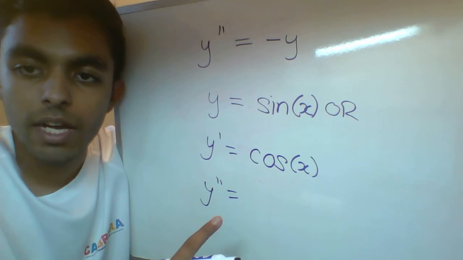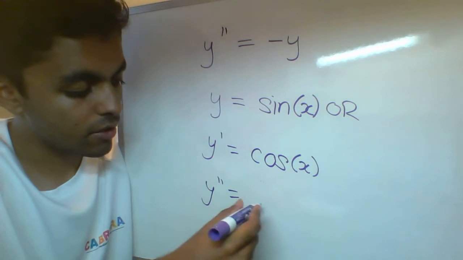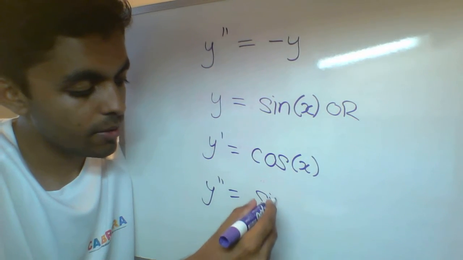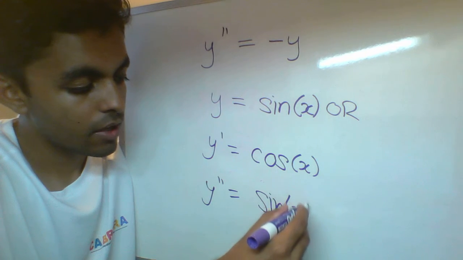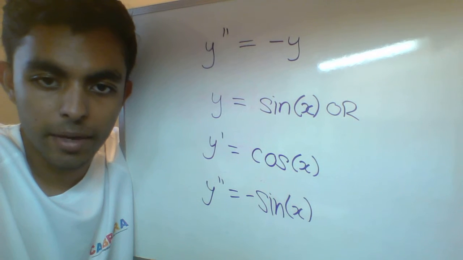So the derivative of sine of x is cosine of x. And then the derivative of cosine of x, you guys had occasionally made a mistake with this. It's back to sine x, but negative this time.